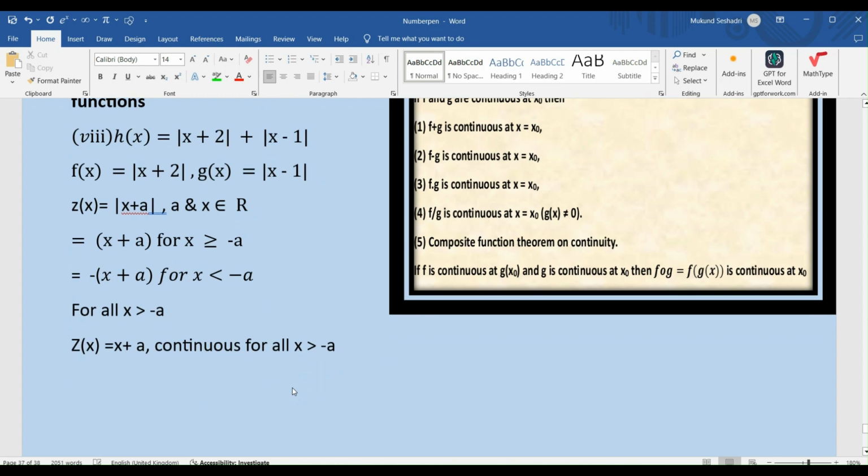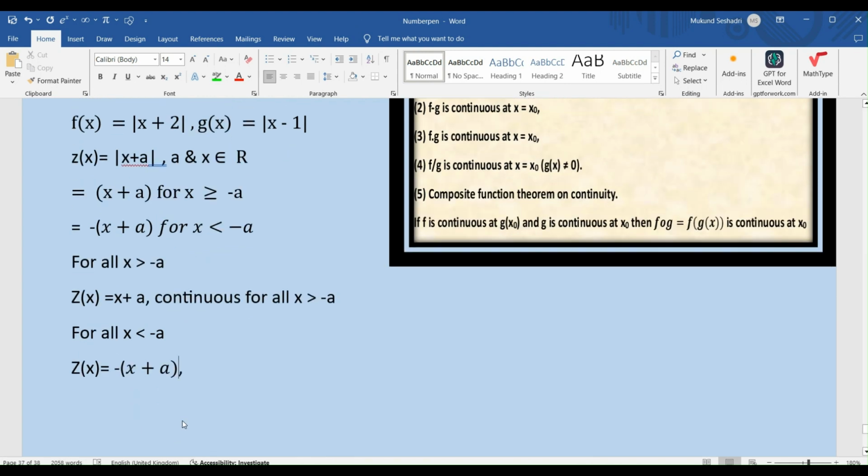And now let's pick up all x lesser than minus a, right? What is our z of x? Our z of x is nothing but minus of x plus a, right? So let's write that as well. Z of x equals minus of x plus a. This is again a linear function.